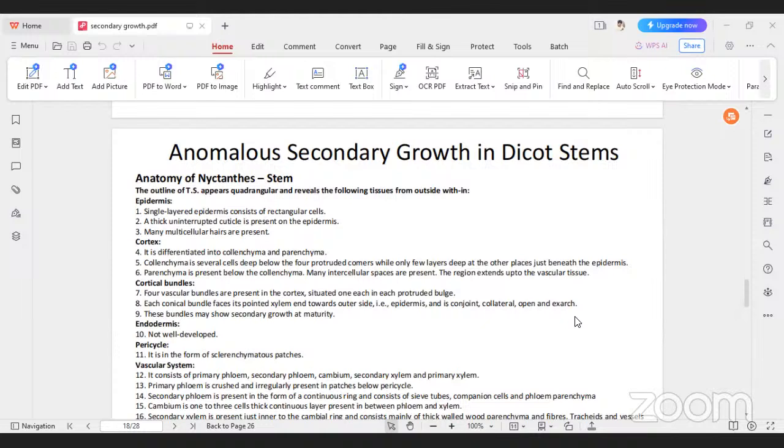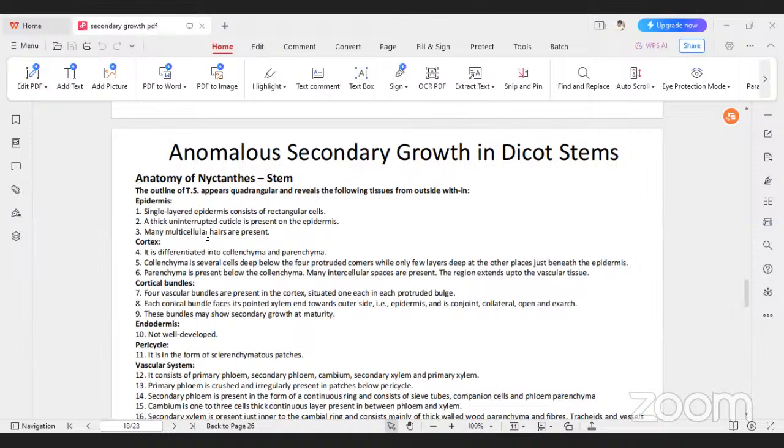Presence of medullary bundles. Where are the vascular bundles? Inside medulla or outside medulla? Are you following me?